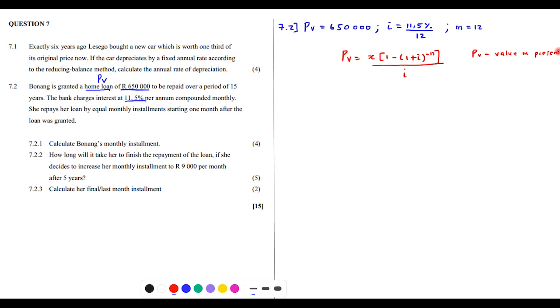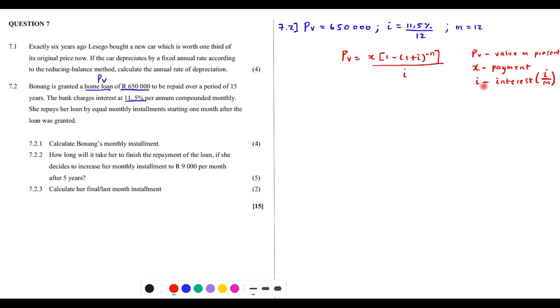And then x here is the payment installment. I will just say payment, and i here is still the interest. We always take the interest that you've been given per annum and divide it by the compound, the number of times the interest is added in a year, because remember m means how many times interest is added in a year.